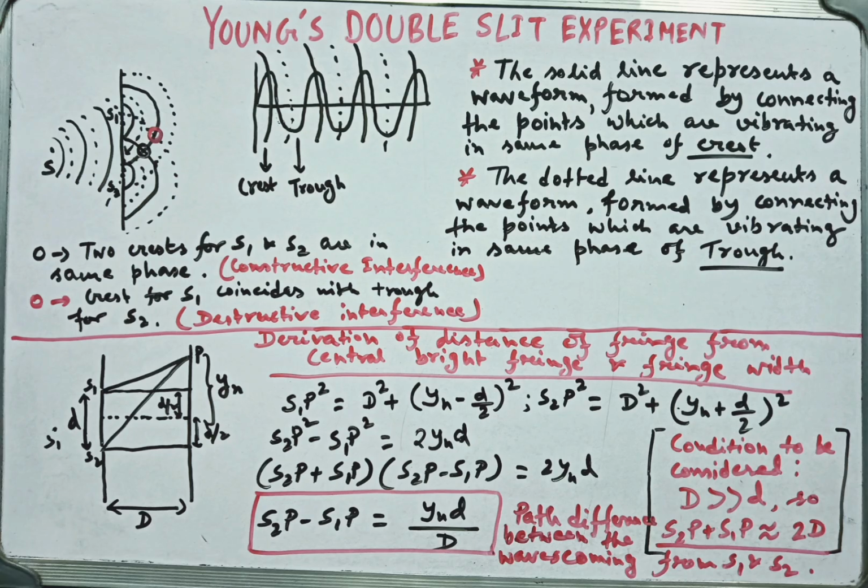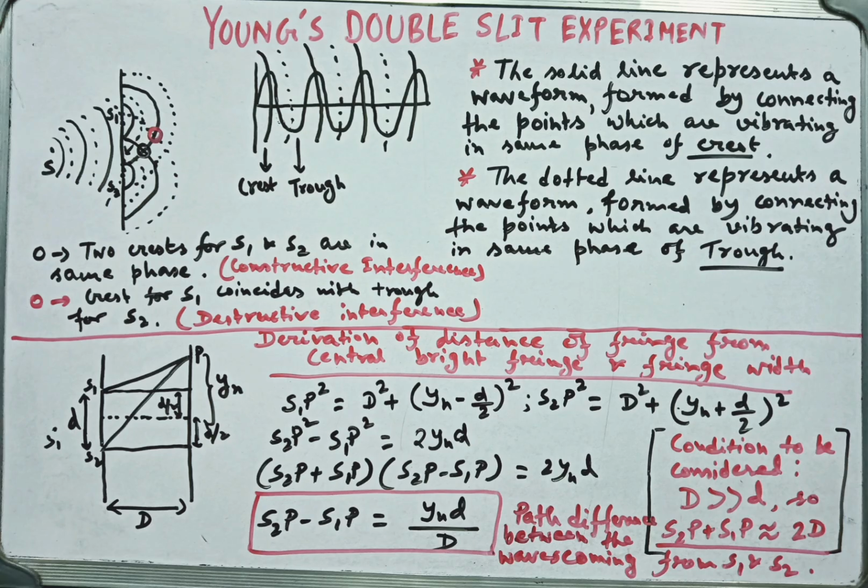So in that case, S2P and S1P are almost equal to D, right? So S2P plus S1P will be 2D. And if we put that in, the path difference S2P minus S1P will be yn d by capital D. So this is the path difference of the waves coming out from S1 and S2 reaching P.